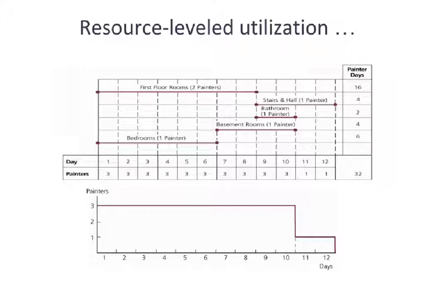We are now going to look at resource leveled utilization. Remember, in resource leveled utilization, we cannot extend the completion time of the project, so we still have to finish in 12 days.